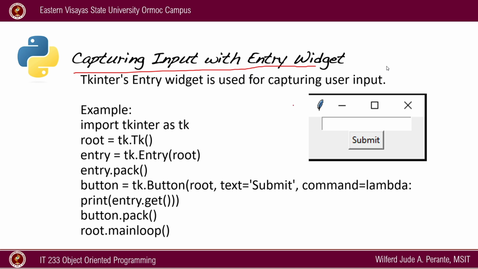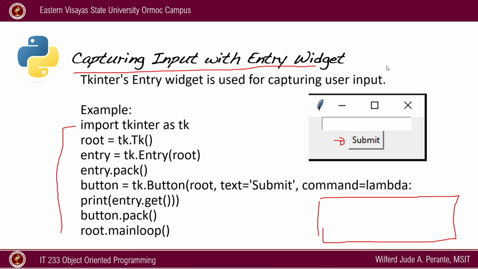We have an entry box and a button. When the button is clicked on our submit, it prints the text entered in the entry box to the console. So let's just say this is our console, and let's execute this command.